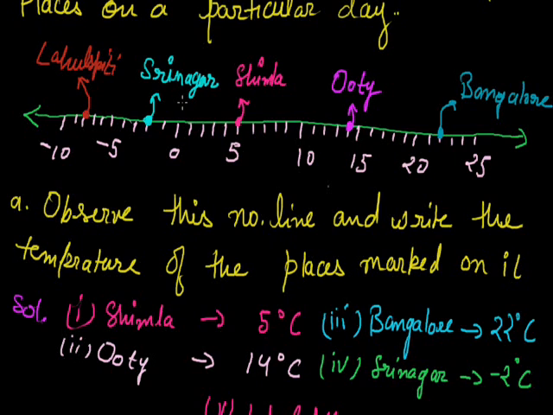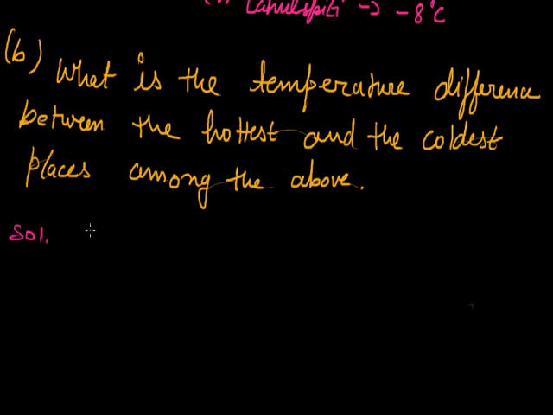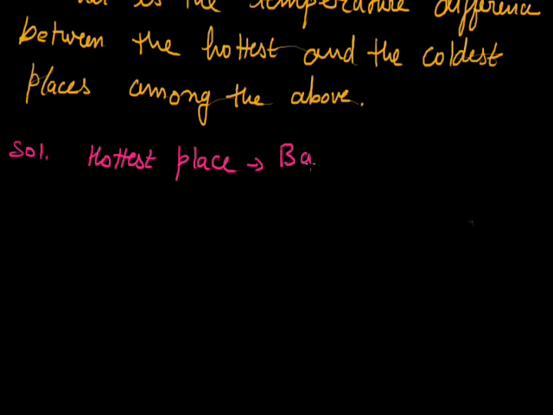So the temperature of Bangalore is 22 degree centigrade and temperature at Lahul Spiti is minus 8 degree centigrade. Now what is the temperature difference between them? So first we will write the hottest place, that is Bangalore, and its temperature is 22 degree centigrade.